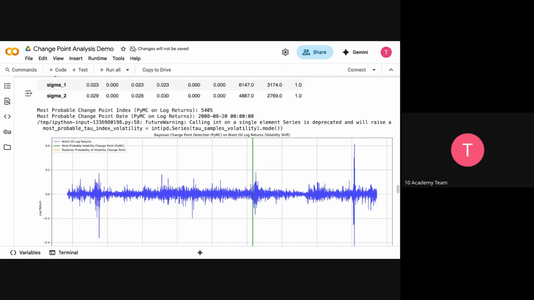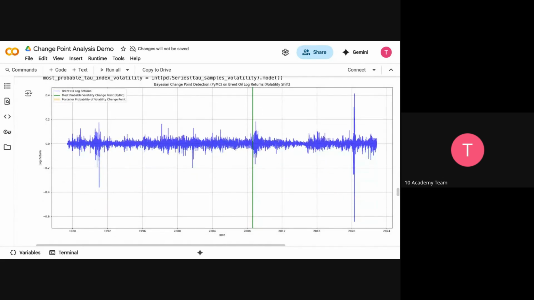You can find it by using the Bayesian method, which is what we have done here. Instead of having multiple change point analyses on every change point, you can use this to find it. Here you can also see the date and so on.